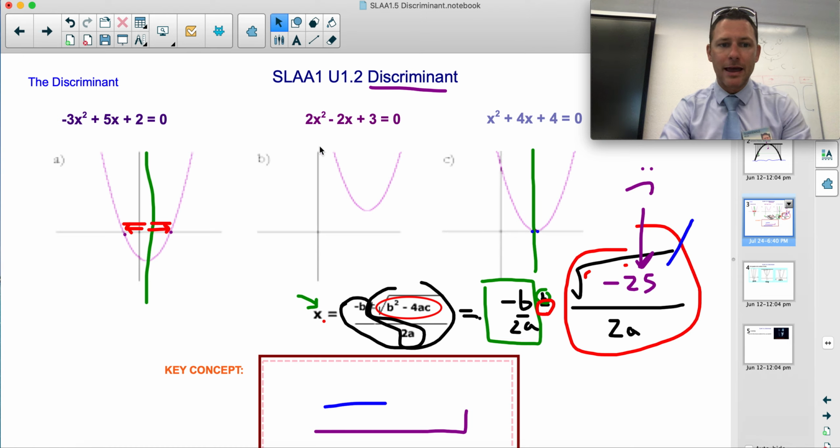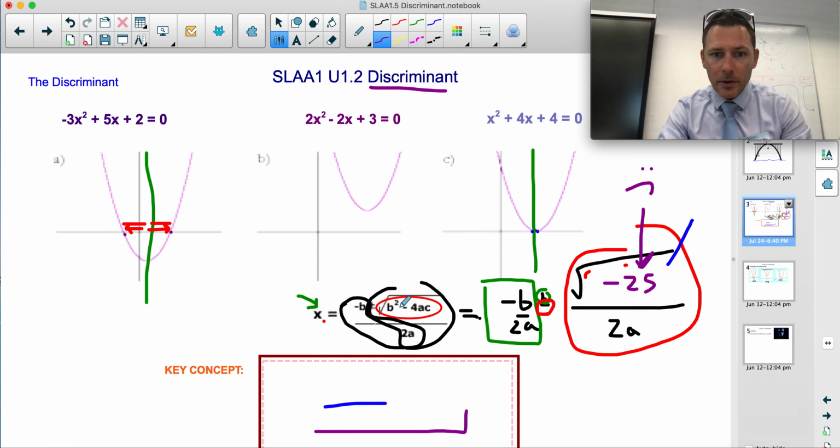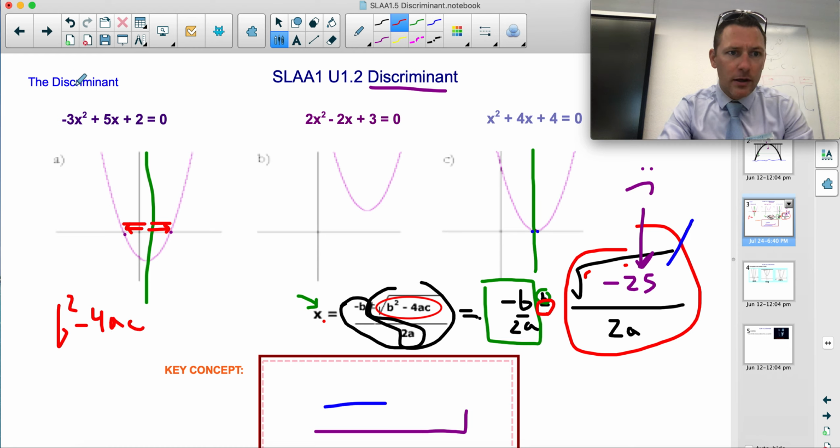And you would find that by taking this discriminant, this b squared minus 4ac, that's the discriminant. This is a, this is b, this is c, plug them in, right? So this is 5 squared minus 4 times negative 3 times 2, which is 25.